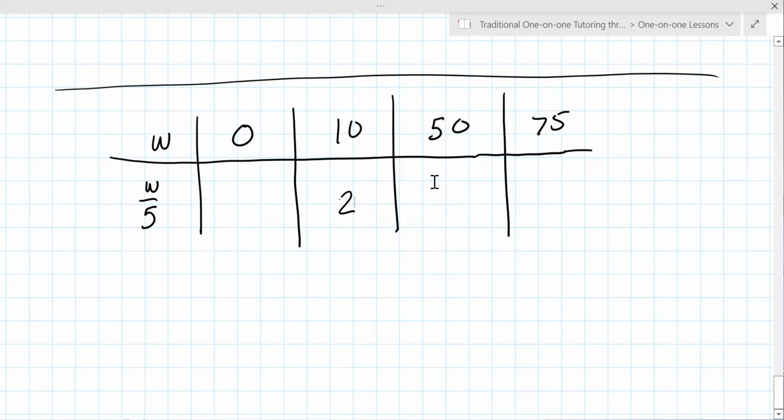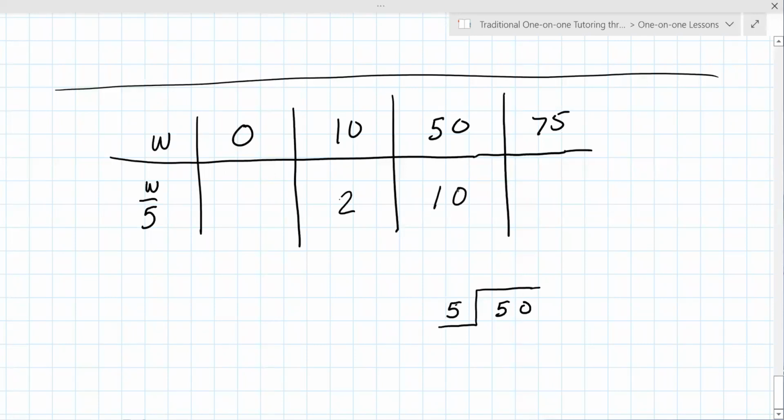How about for the next one? 25? Try again. If you're not writing anything down, you're gonna get it wrong. Oh, 10. I know that.